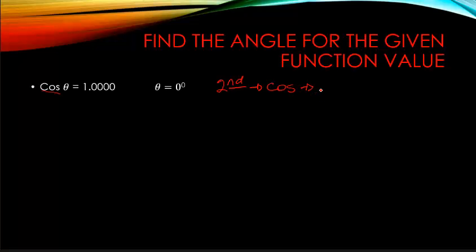Then you punch in the number value. And then you hit enter. If you're in degree mode, you would get the value of 0 degrees. And that is possible. 0 is a number just like anything else. So don't worry about that. So that means that this angle of our triangle was 0 degrees.